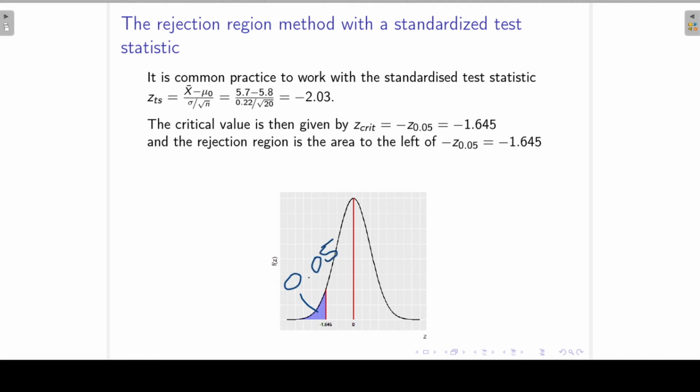And we will reject the null hypothesis if the standardized test statistic lies to the left of my cutoff value, or if it lies in the rejection region. So my standardized test statistic is minus 2.03, so it lies somewhere over there. It lies within the rejection region, and therefore we reject the null hypothesis.